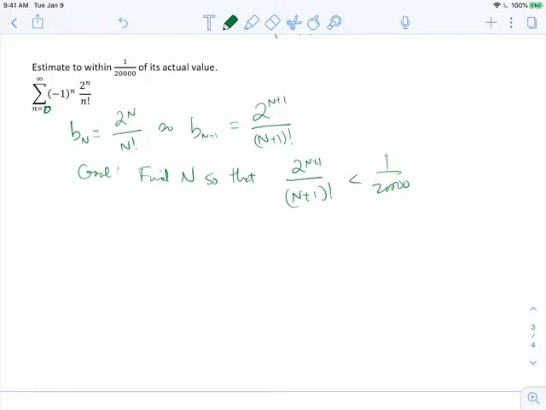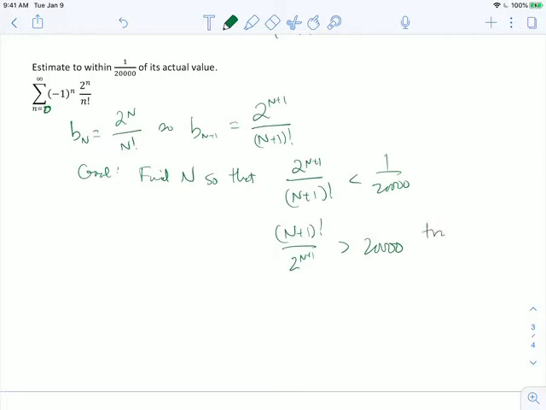I like making numbers bigger than a number rather than trying to find numbers that are smaller than a number, so I'm going to still take the reciprocal of this, and so I want to find n so that n plus 1 factorial over 2 to the n plus 1 is greater than 20,000.